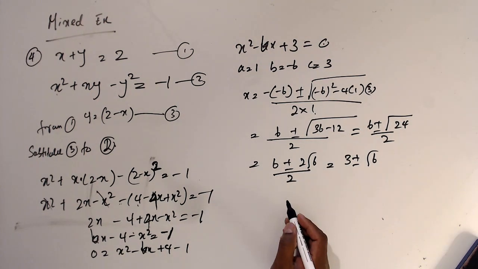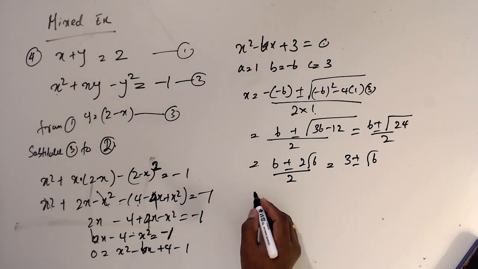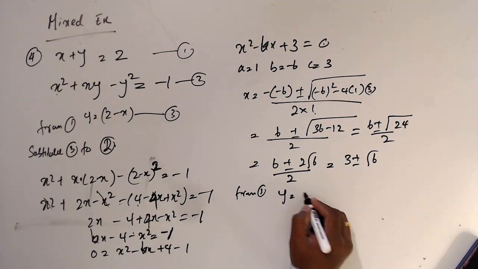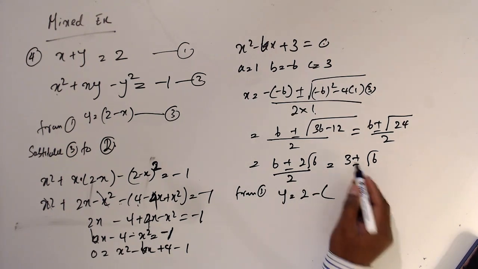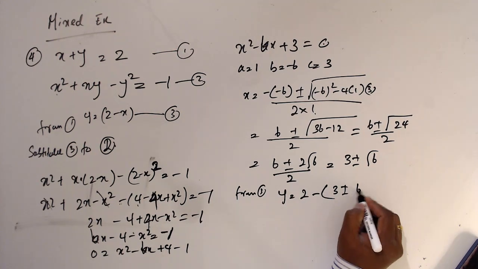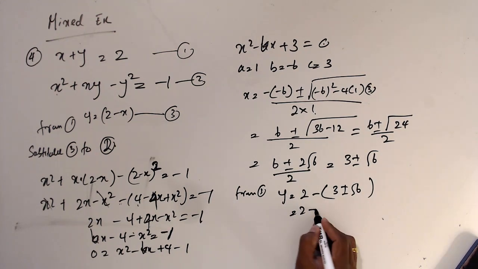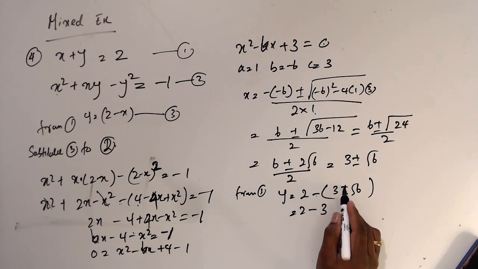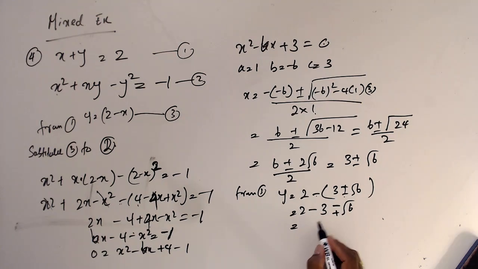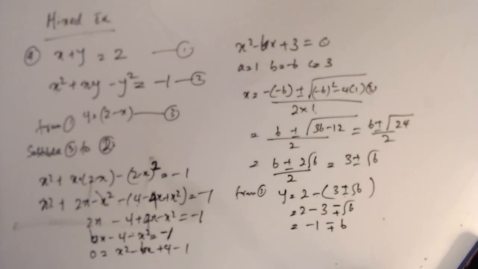Then we can find y from 3. y equals 2 minus x, which means 2 minus 3 plus or minus square root 6. Minus times plus, minus times minus, so this is minus 1 minus or plus square root 6.